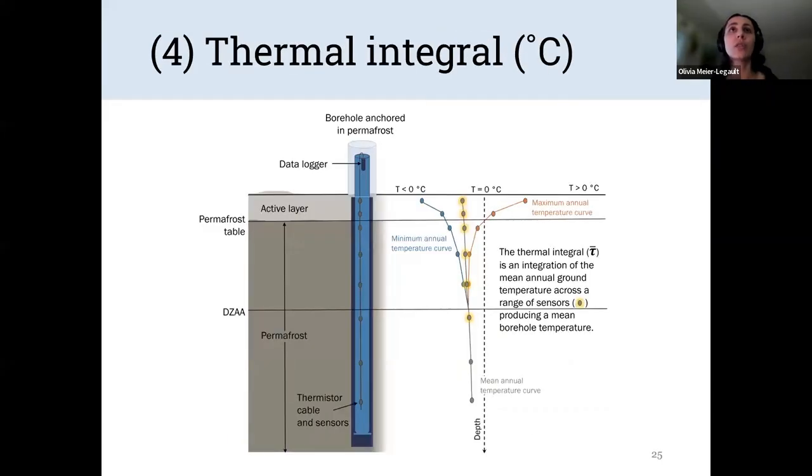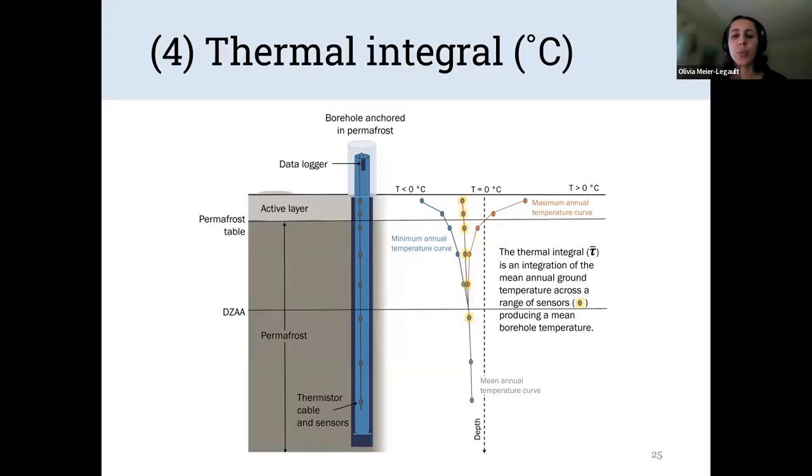The first metric is called thermal integral. It is a representation of the mean borehole temperature. So instead of relying on a single depth, you can choose a range of depths over which the mean borehole temperature is computed. So this is an integration of the mean annual ground temperature across this defined interval.